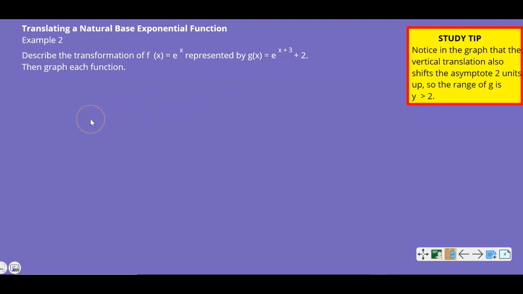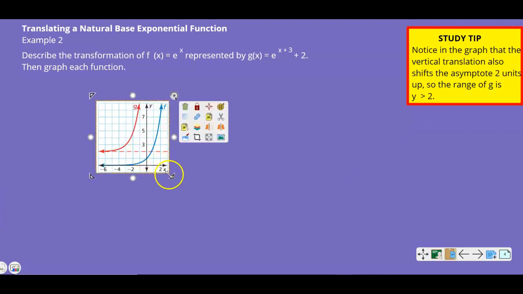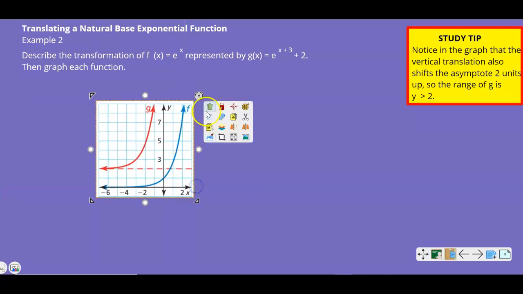It says then graph the function. So once again, I'm going to save you from me graphing it, and I'm going to get the graph from the textbook. And you can see that again, f of x is e to the x power. So this is your e to the x power function. And then we take this function. Again, I always like to use the y-intercept because it's the easiest to see.